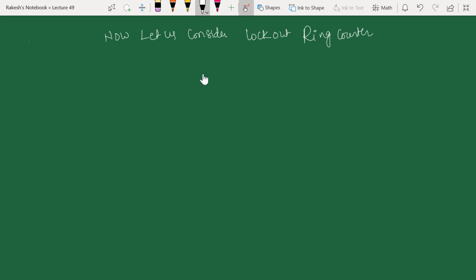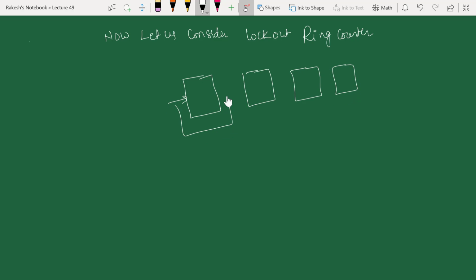If you remember your ring counter circuit, you are going to have 4 D flip-flops, and the clock is given simultaneously to all the flip-flops. This is the input to the next D flip-flop, this is the input to the next, and this will come as a feedback to the first flip-flop.